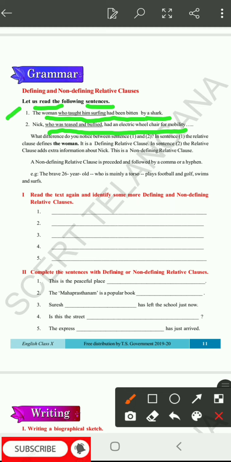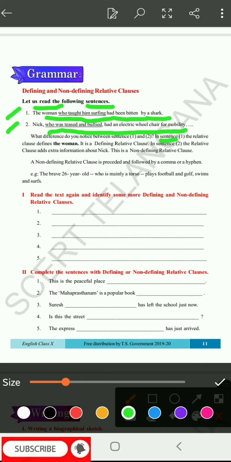In sentence 1, the relative clause defines the woman. Which woman had been bitten by a shark? The woman who taught him surfing.